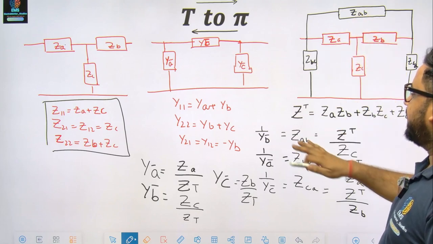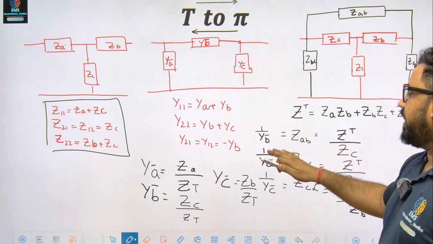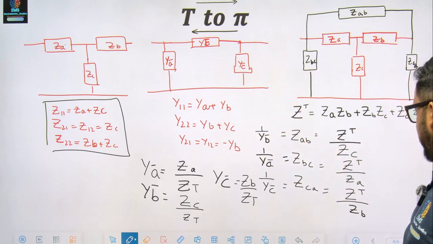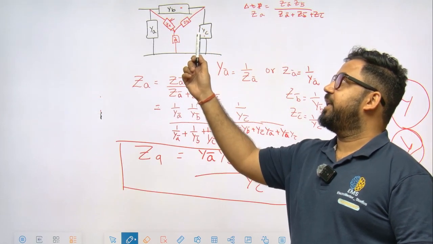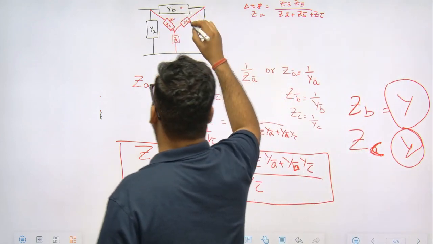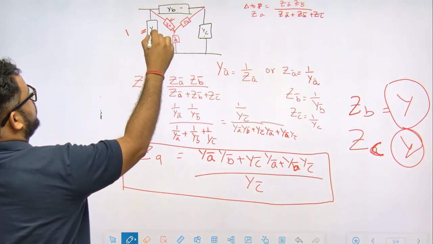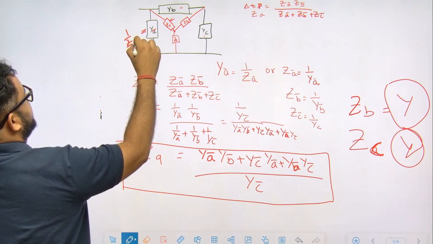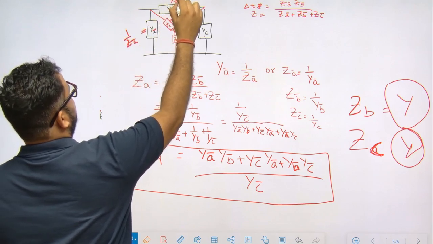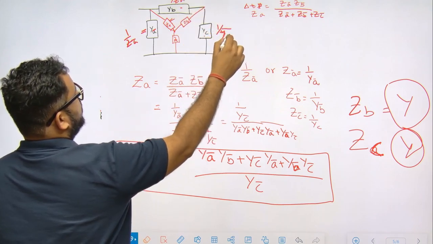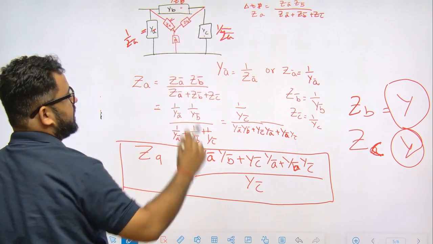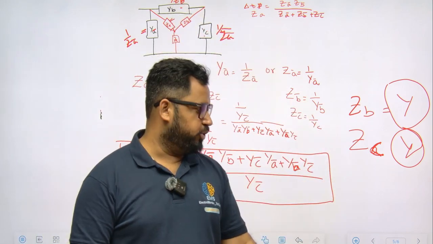So I'll calculate the impedance, take the final 1 by YB and I'll get the answer. Clear? Here, everything is given in the form of admittance. So what I'll do, I'll just have to write it down as 1 by Y, for ZA dash, ZC dash, ZB dash. So you have to just take the opposite of it.